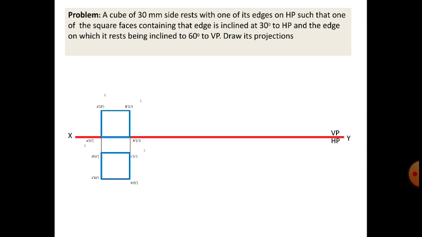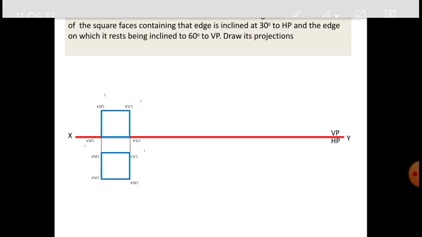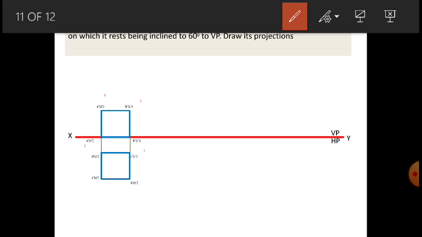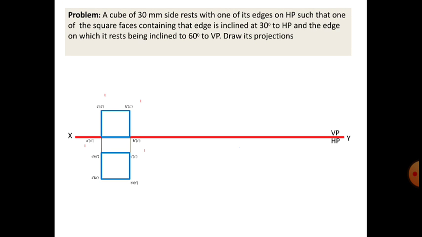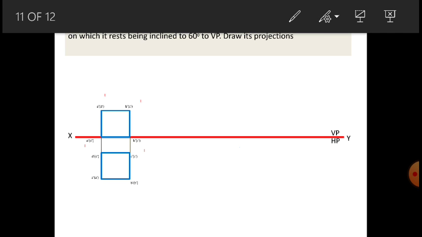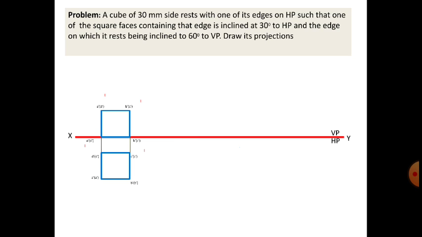So when it says inclination to HP, we have to draw the object in VP. Understand this: whenever it says inclination at any degrees to HP, we have to draw it in VP. If you can see, it has been inclined on the line B dash, C dash.